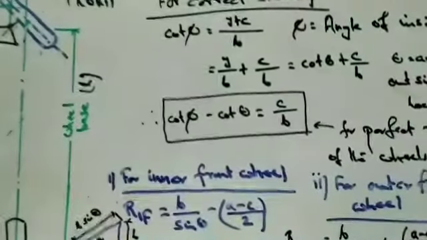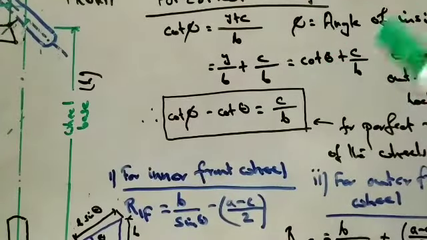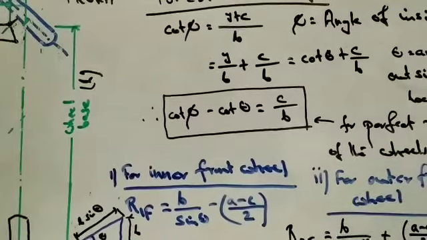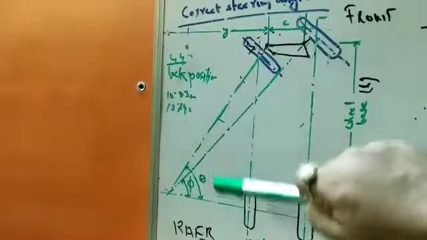Now if we divide this, we get y by b plus c by b, which is equal to cot theta plus c by b. Cot theta is given by y by b.